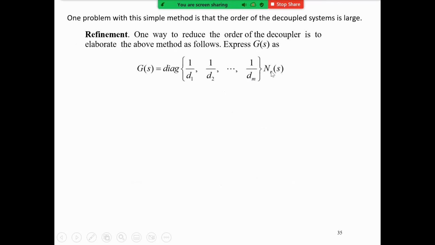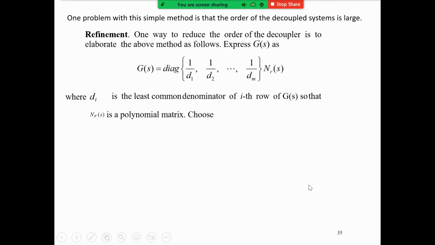But this NR is a matrix where all the elements are just polynomials. That's another way to write this transfer function matrix. Okay, and then we just design the decoupler as the adjugate matrix of this NR.